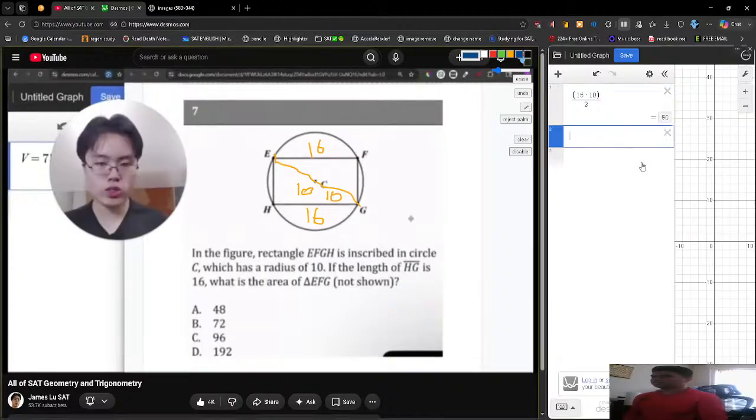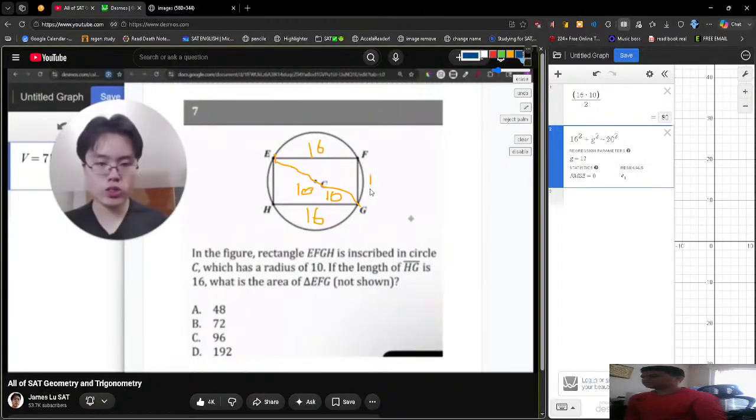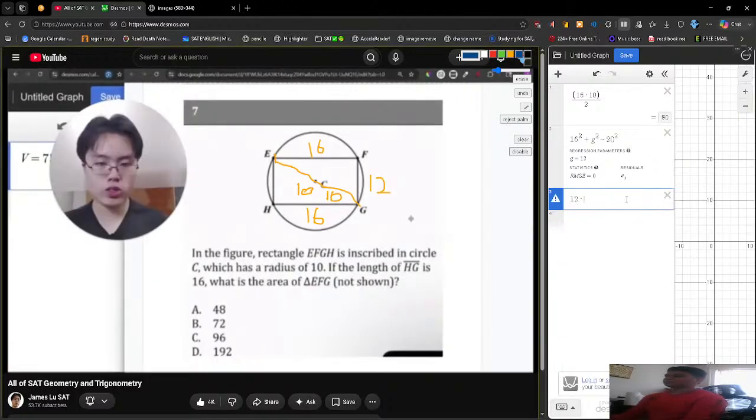So we do a simple 16 squared plus something squared equals 20 squared, and this is 12, meaning 12 times 16, and then take all of this divided by 2 gives us 96.